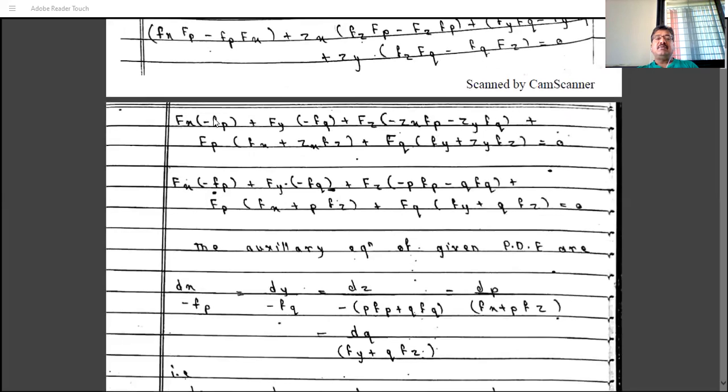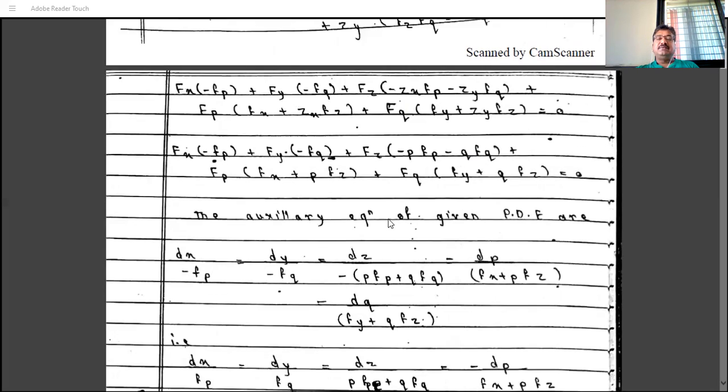So collect the coefficient of f suffix x, f suffix y, f suffix z, f suffix p, f suffix q, and then we have fz, then f of p fx, write zx as small p and this zy as small q.